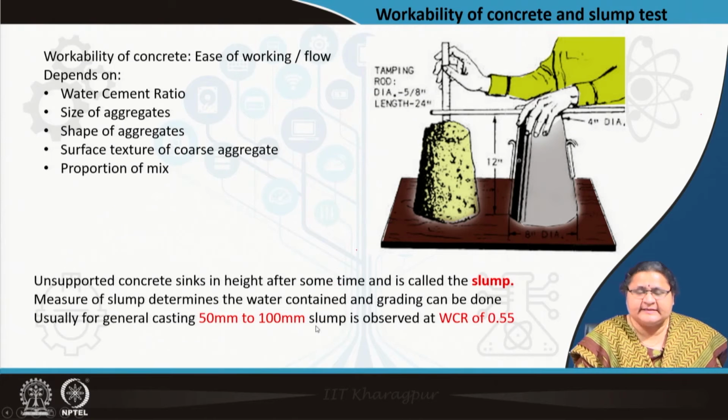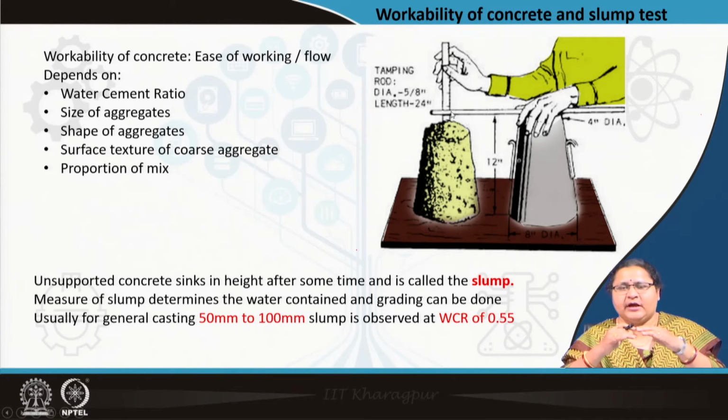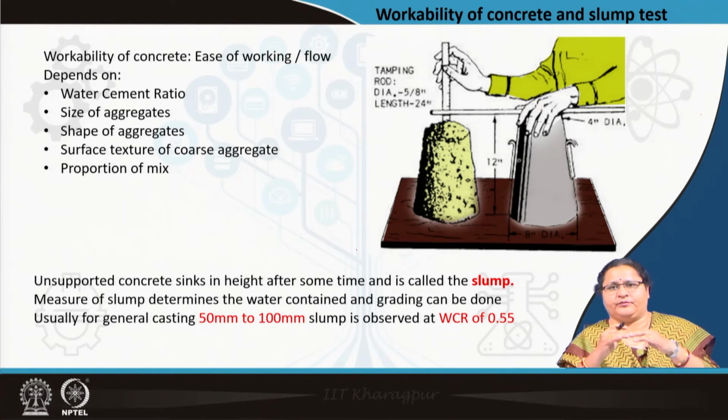So this is how we measure the slump, that is the gap between the height of the actual container and how much it has gone down on its own. That has happened mostly because of the water in it or the proportion of water in it.